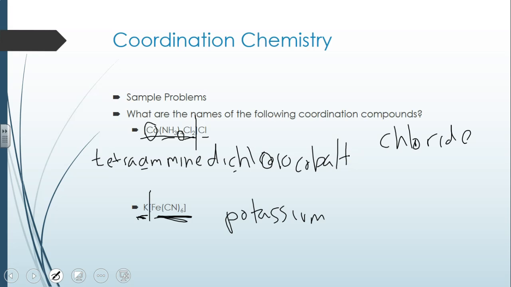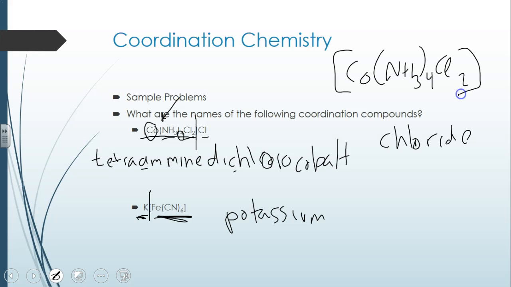And it's not the anion, so it's not cobaltate. It's just cobalt because it's the first part of it. And now we need the oxidation state of this. So again, this is where the previous video comes into play. So we have Co(NH3)4Cl2, and then we have Cl.